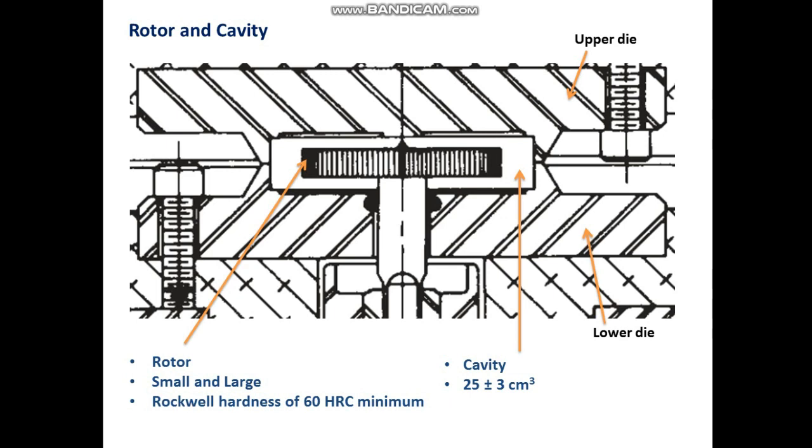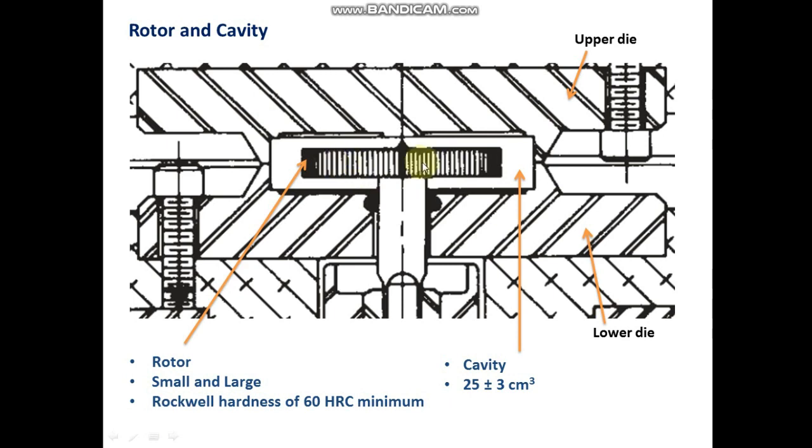You can see here the rotor, cavity and dies. This is the rotor which is used to measure the Mooney viscosity of rubber.